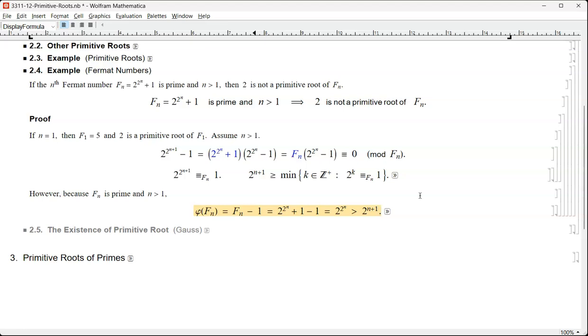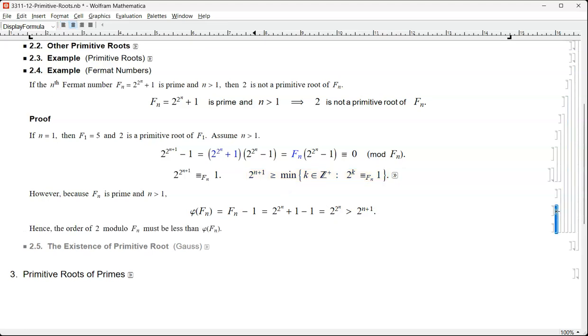So if 2 is a primitive root, then the order of 2 should be equal to phi of Fn, but that's greater than the bound on the order of 2. So the order of 2 is strictly greater than itself. That's a contradiction.